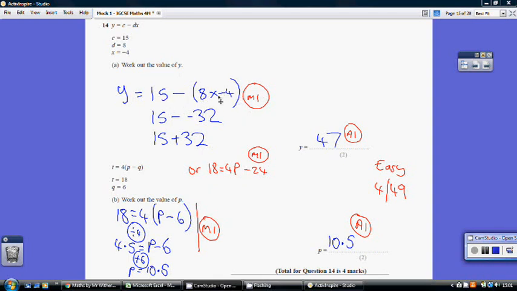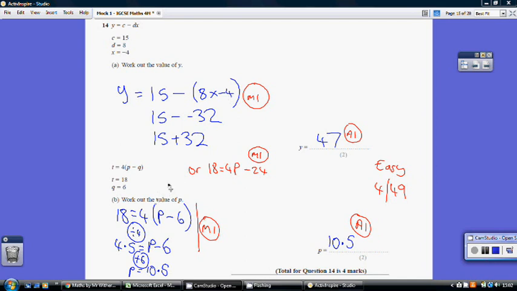So 8 times minus 4 is minus 32. So it's 15 minusing a minus 32. Now minusing a minus is a plus, so that's 15 add 32, which is 47. Now you could have just popped that line straight into your calculator if you include the brackets.